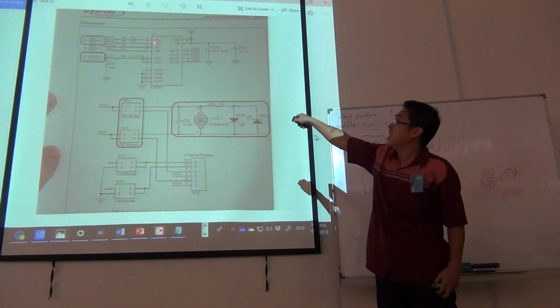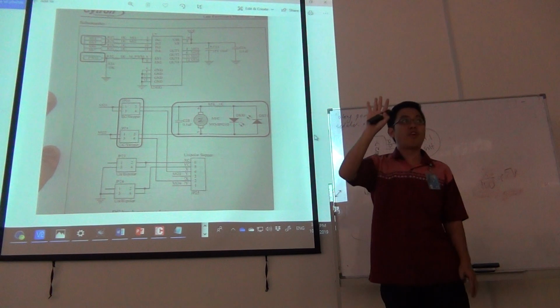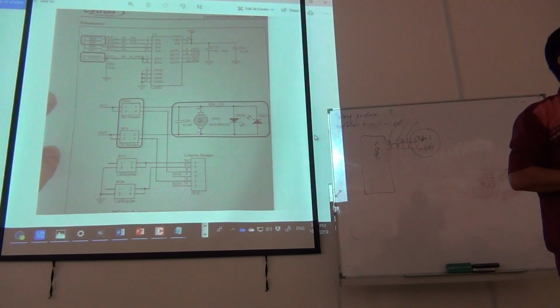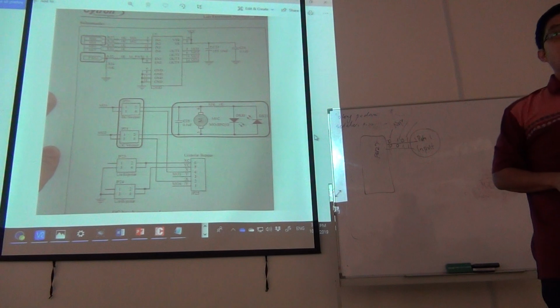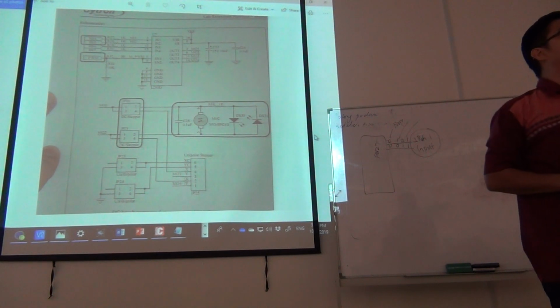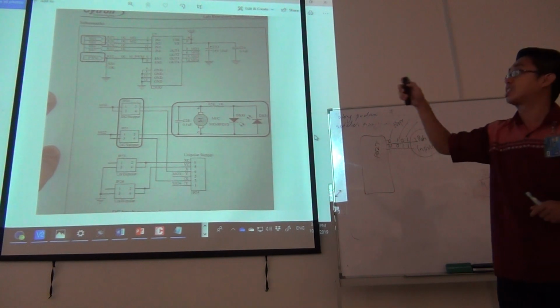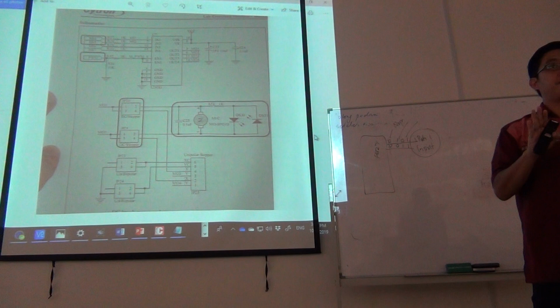Input 1 and input 2 must be coming from port B, pin 4 and pin 5. Must be, because it's already on the board. I cannot change the trace. It means that when you write your program, you must know that you are going to trigger the pulse, or the value of the voltage, coming from port B, pin 4 and pin 5.